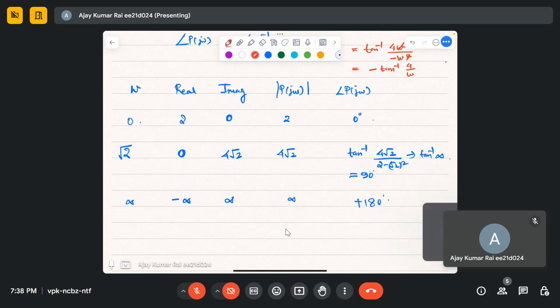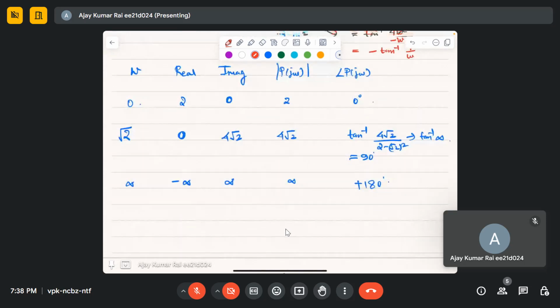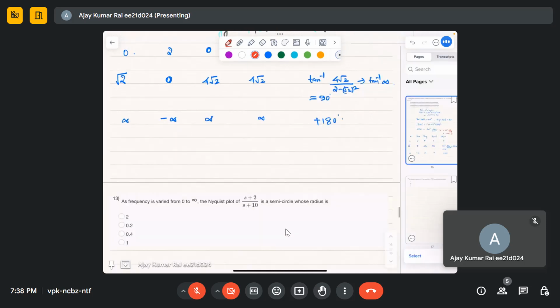Okay, so I got 3 points here. So let's plot the Nyquist plot.